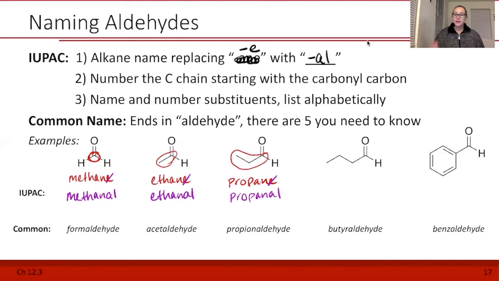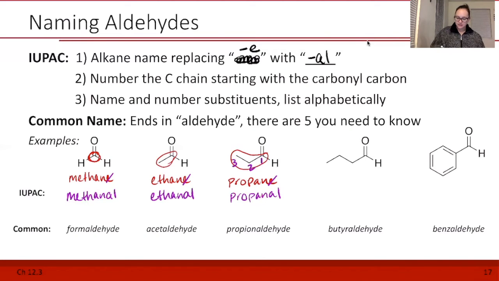We cannot put the carbonyl in the middle, because if we put the carbonyl on carbon number 2, then it's not an aldehyde anymore, it's a ketone. That's why we don't have to number it in this case. But if we were to number it because we had other substituents, we'd have a number 1 on the carbon, number 2, and number 3.